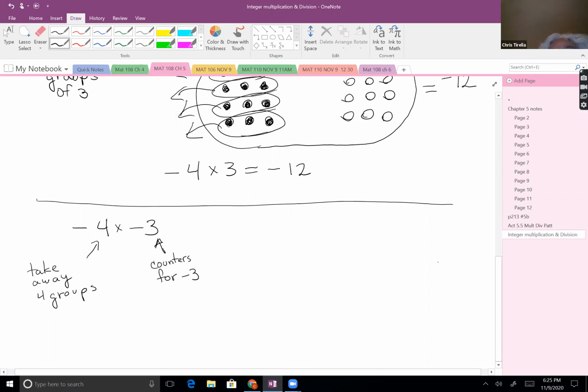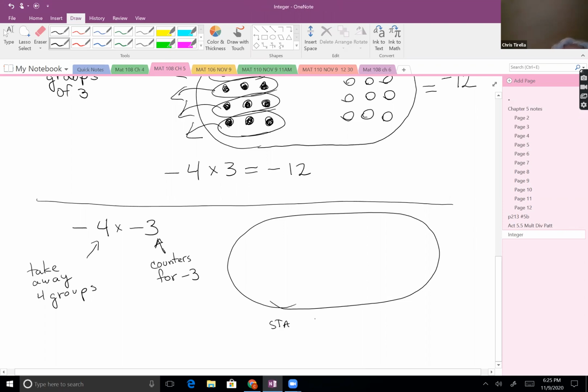And so we can think of that same starting with 0. So we're starting with 0, which would be the same number of black and red counters, the positive charges and the negative charges, so to speak.